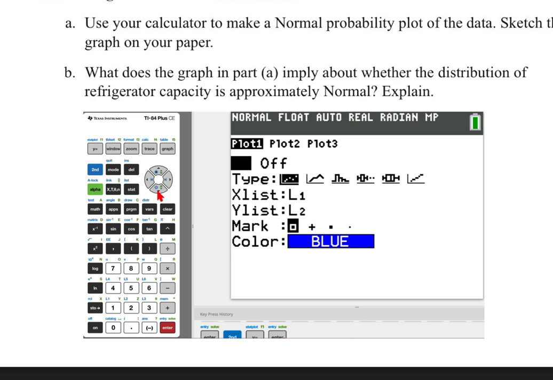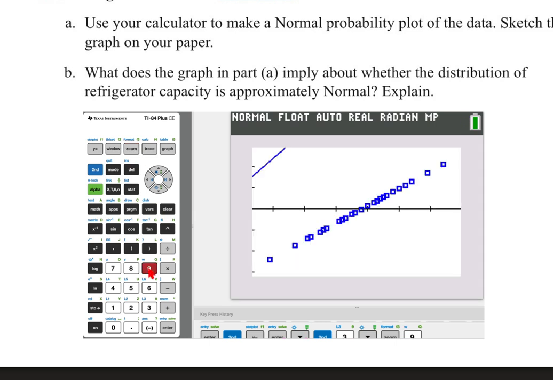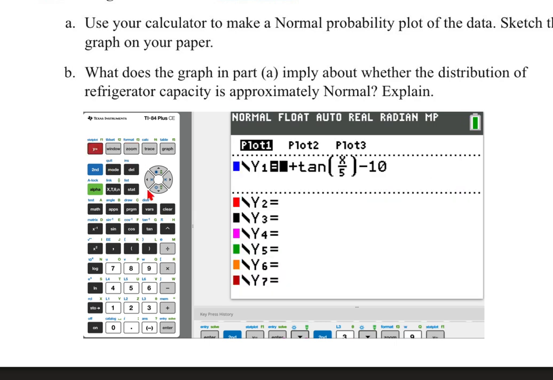But we want our x list to be L1, which is all the actual values, the usable capacity of the fridge. But we want our y list to be all the z-scores, which were L3. So we'll just change those to L3. Okay, and then remember to graph. Everything else looks good. Do zoom stat, which is zoom 9. And here I'll get rid of that line up there.